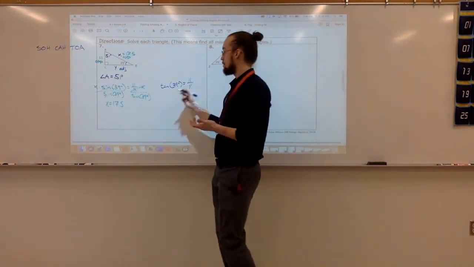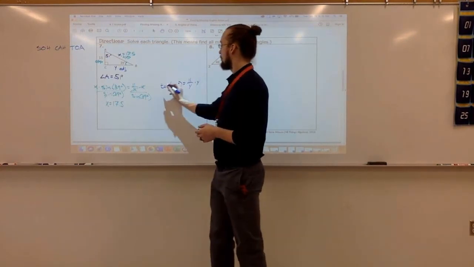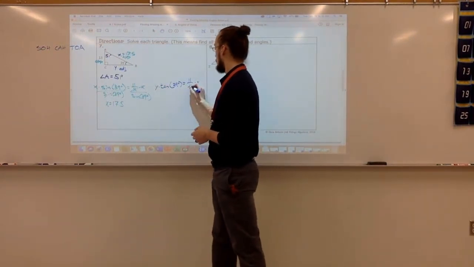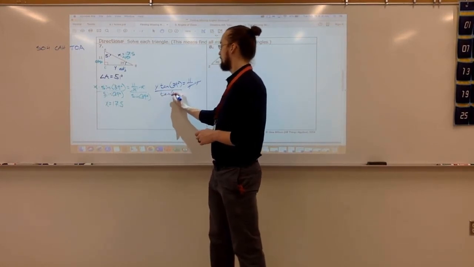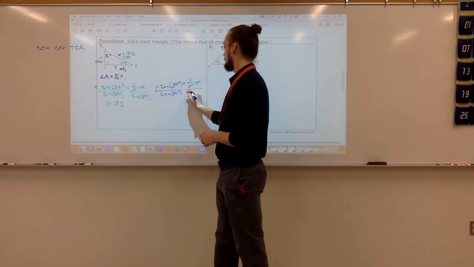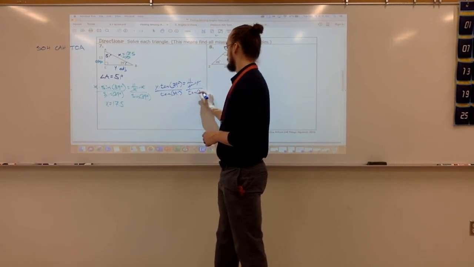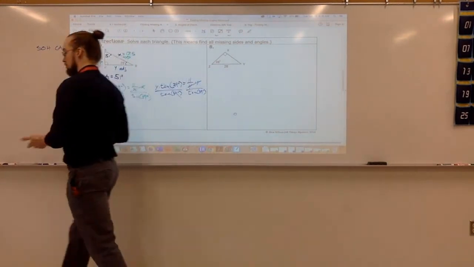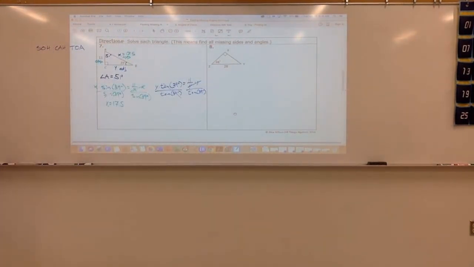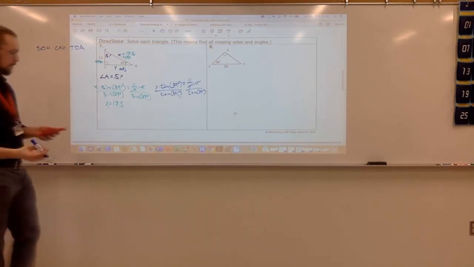And just like we solved this one, y by itself, multiply y to the left side, and then divide by the tangent of 39. So 11 divided by the tangent of 39 gets us 13.6.